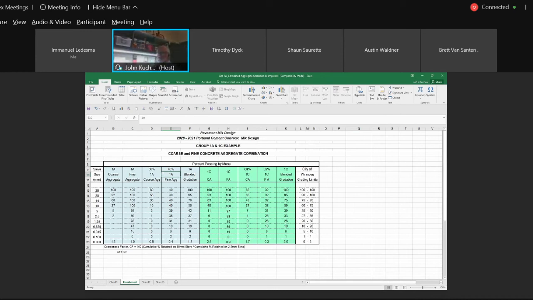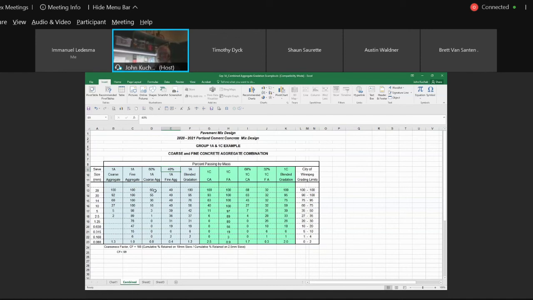And all this is, if I take 60% of my percent passing for the coarse aggregate: 60 times 100 is 60. 60 times 92 is 55. 60 times 60 is 36. 60 times 27 is 16. Here's my fine aggregate. Now you have to put the hundreds in here above it because it's doing mathematics. So if I took 40%, 40 times 100 is 40, 40 times 100 is 40, and so forth. 40% times 98 is 39%.